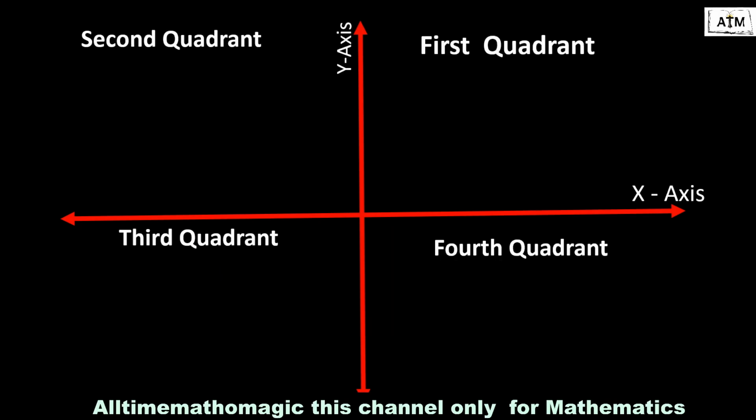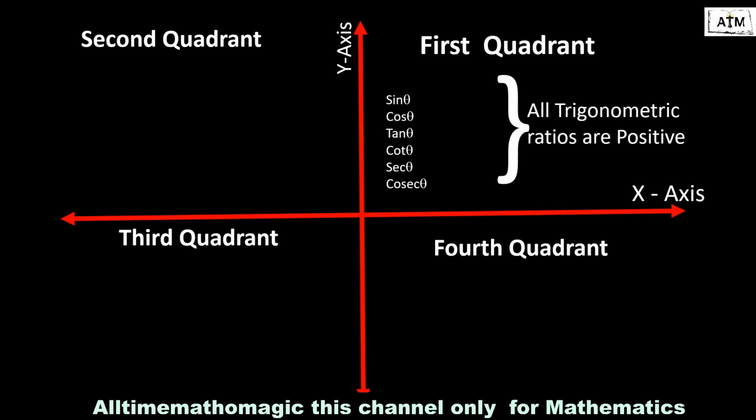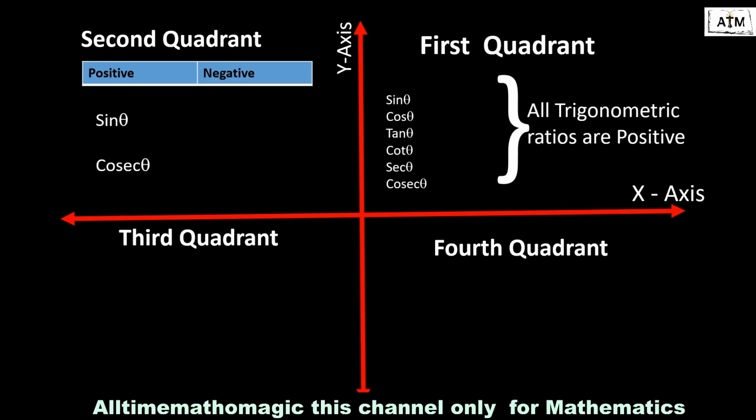By using the above slogan, we can remember one thing: all means in first quadrant all trigonometric ratios are positive. In second quadrant, sin theta and cosec theta are positive and remaining trigonometric ratios are negative.